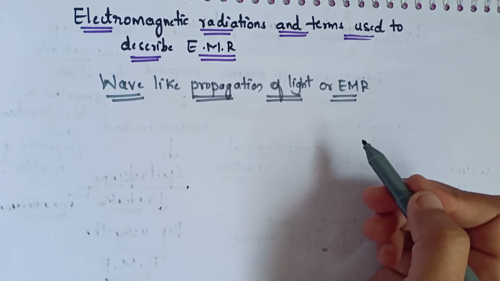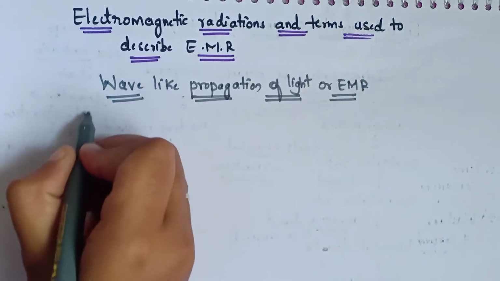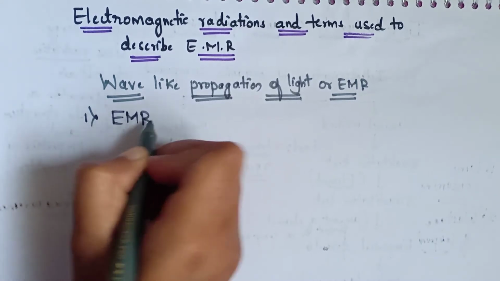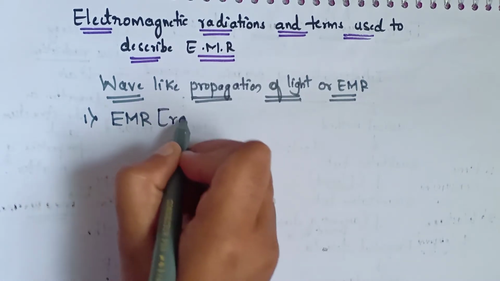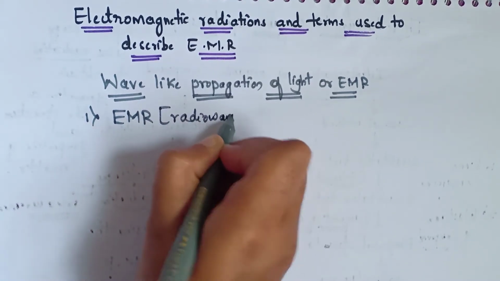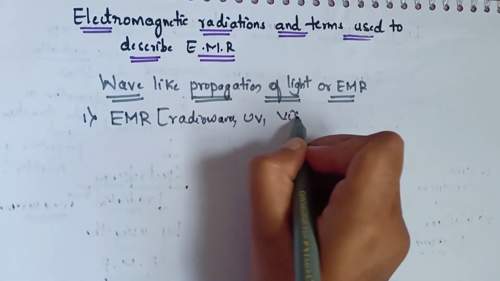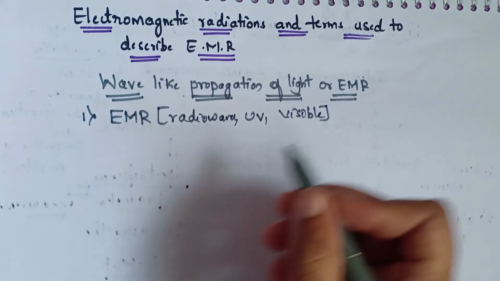The first important point is that each type of electromagnetic radiation, be it radio waves, UV, that is ultraviolet rays, or visible rays, these are all forms of electromagnetic radiations.